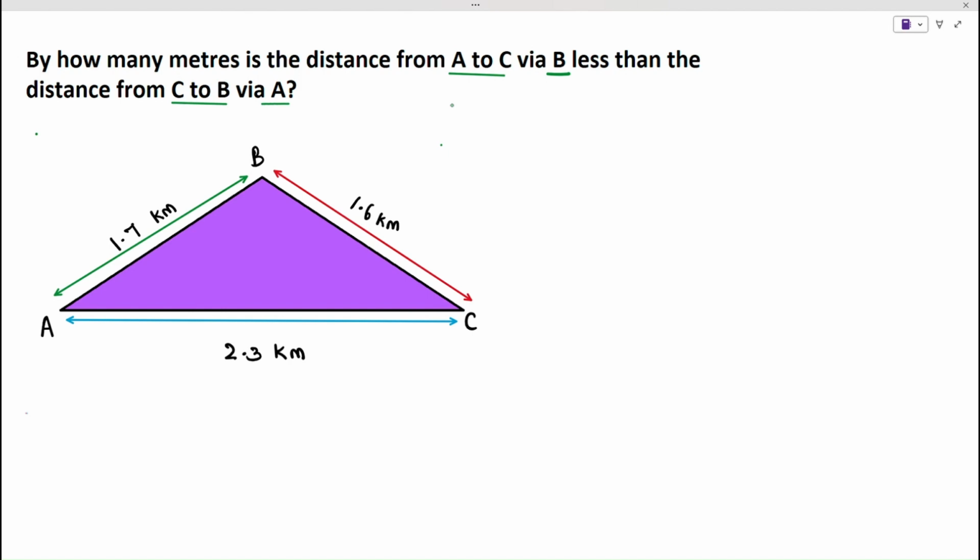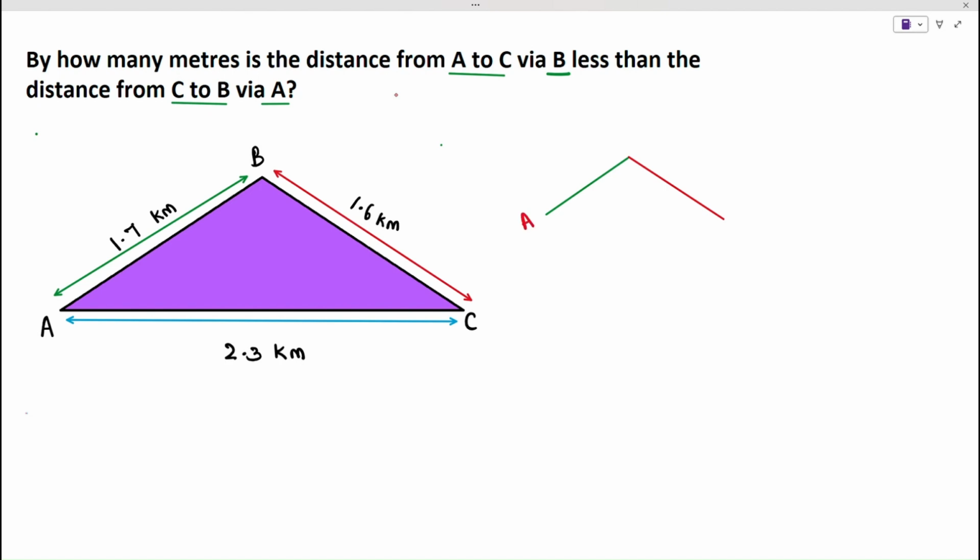So let's have a diagram of what we're going to do. So A to C via B. We're going to travel from A to C, but we have to pass through B as well. So our journey will be from A to B, and then it'll be from B to C. That's the first part.